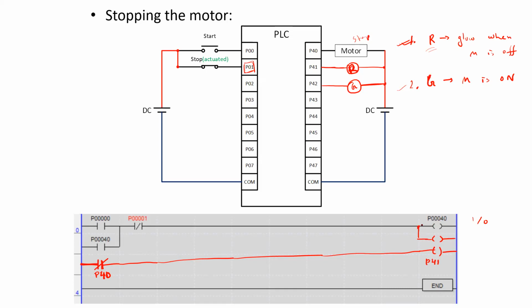Suppose for the same input configuration, for this particular line, the 0th line over here, if you want to connect multiple output devices on the output side, they should be connected in parallel, not in series. That is the general convention.